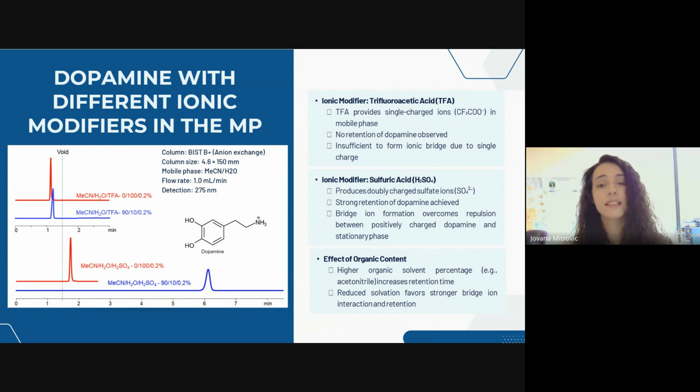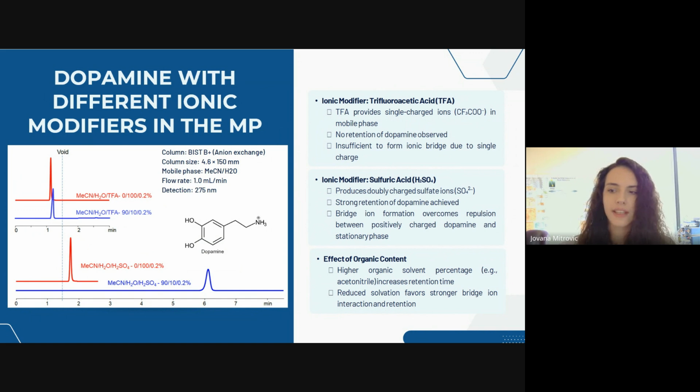Now, let's switch the modifier to sulfuric acid, which provides doubly charged sulfate ions. These ions can act as a bridge between the positively charged dopamine and the positively charged stationary phase. And suddenly we observe retention. Dopamine interacts via these ionic bridges, which would be impossible under standard single ion conditions.